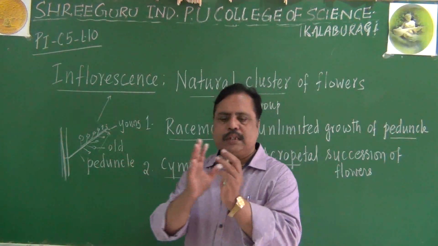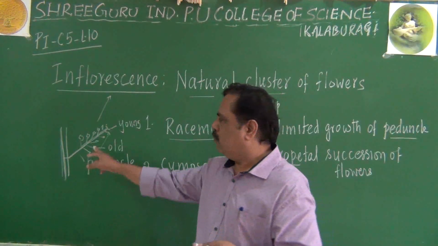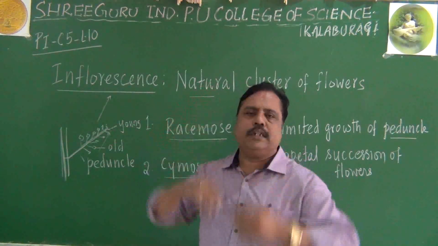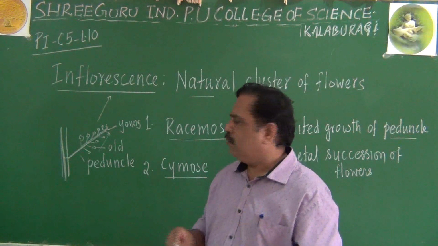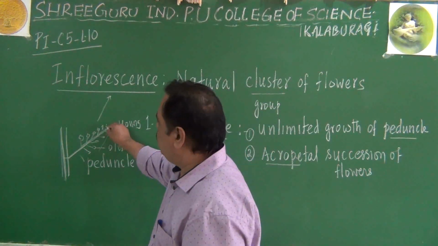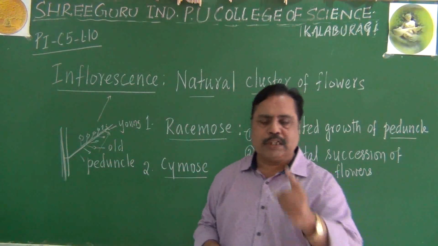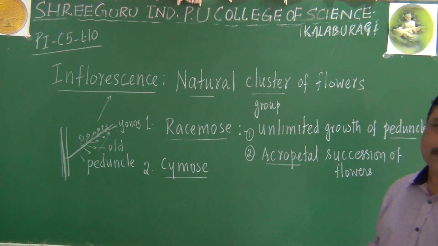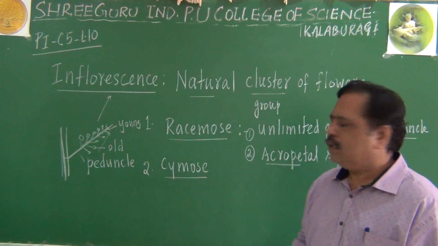Now when the inflorescence is blossoming, first the old flowers will open, then slowly the young flowers will open. At the same time, the peduncle will be capable of growing further and further, because the peduncle has unlimited growth and acropetal succession. That is called racemose inflorescence.